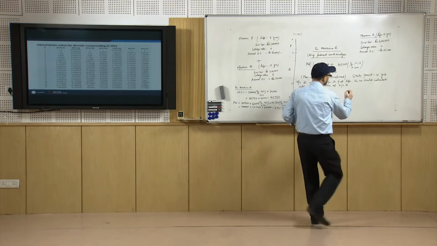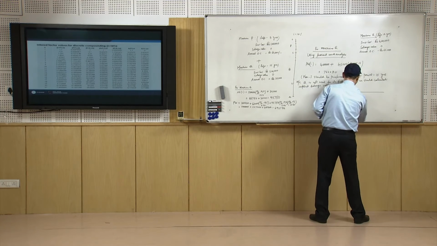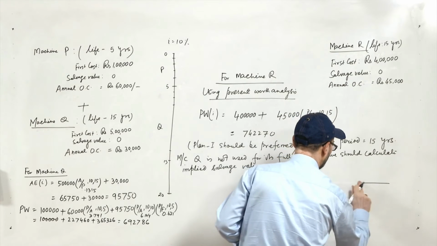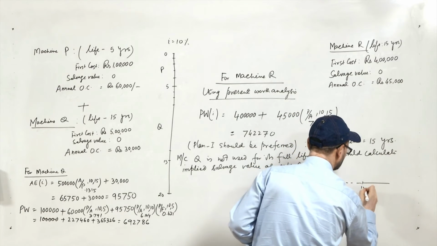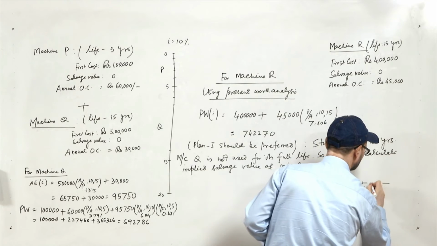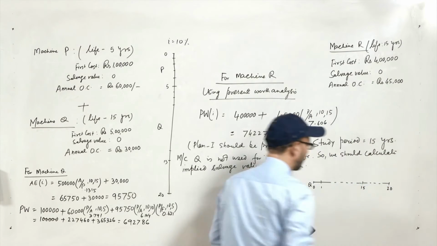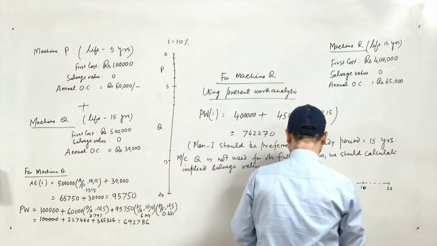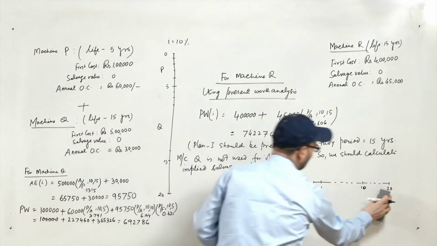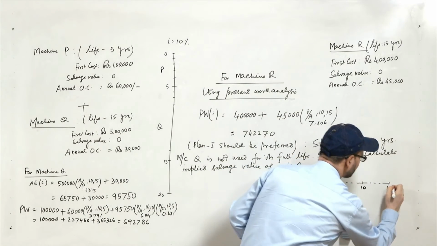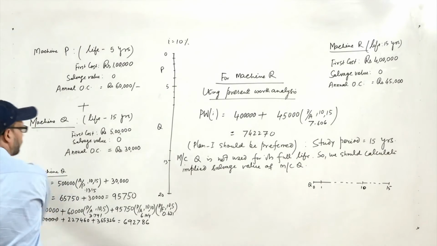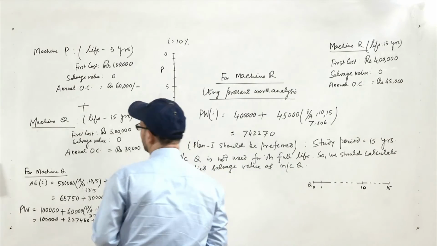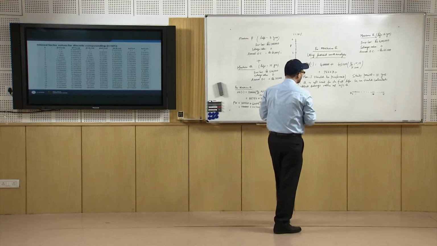Now, how to calculate the implied salvage value of machine Q? Basically we are using it only for 10 years out of its total 15 years. So, its present cost is given as 5 lakh.